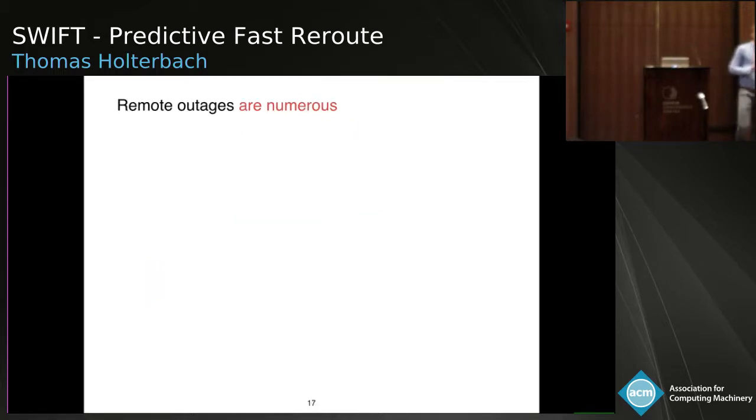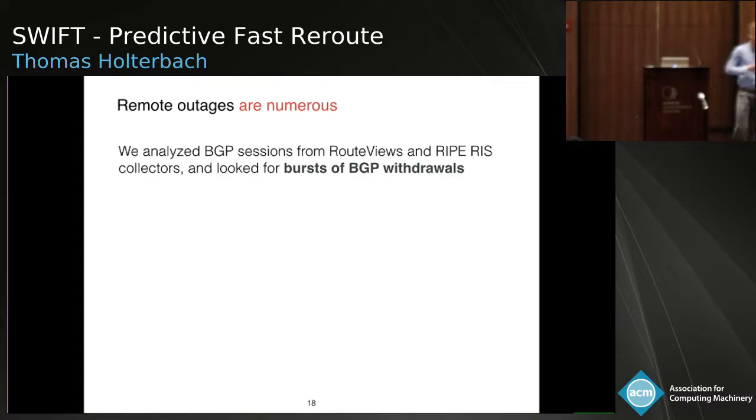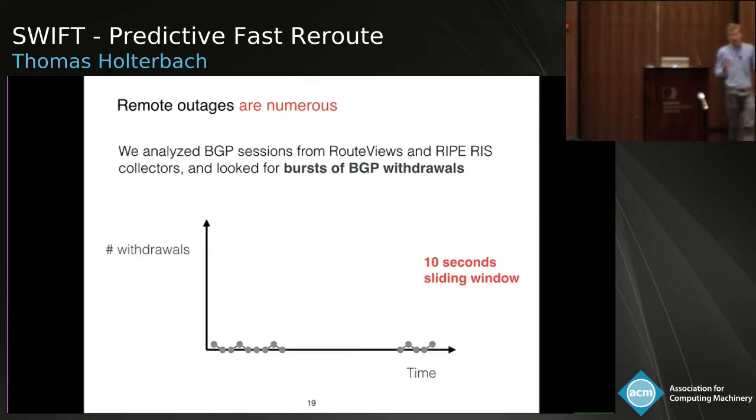Remote outages are actually an important problem, because first, they are numerous. So we analyzed BGP sessions from RouteViews and RIPE RIS, and we looked for bursts of BGP withdrawals. We focused on withdrawals because they indicate unreachability, which happens whenever there is an outage. Usually, the number of withdrawals is quite low.